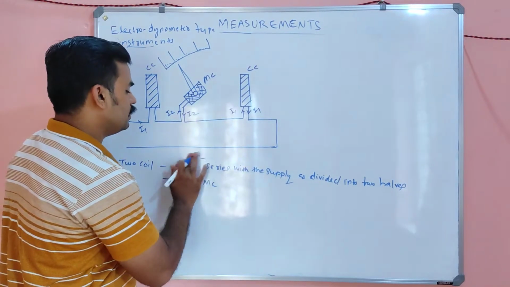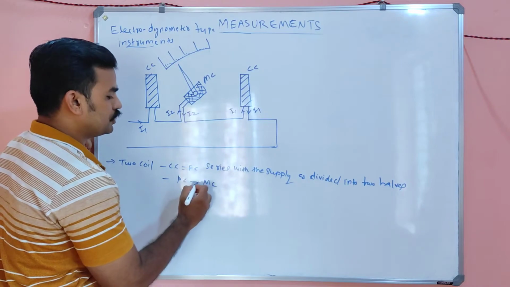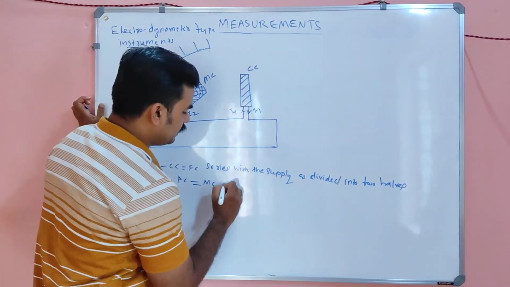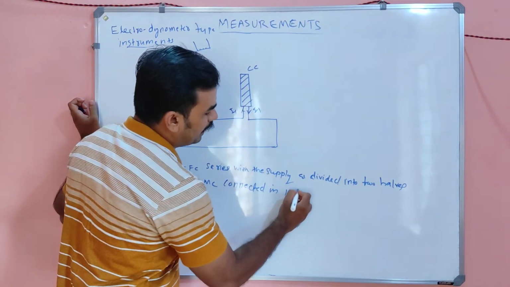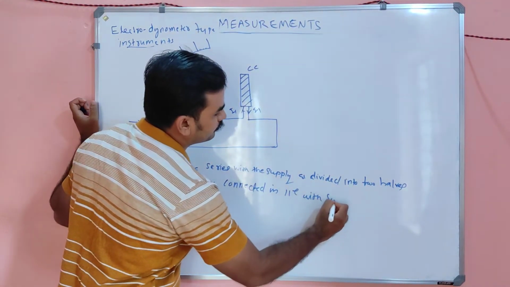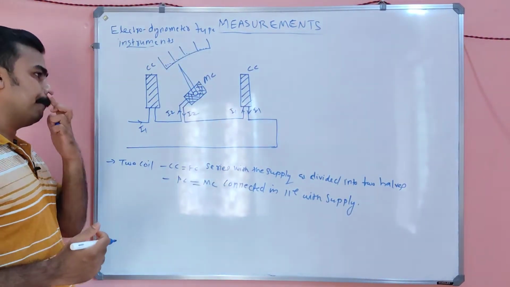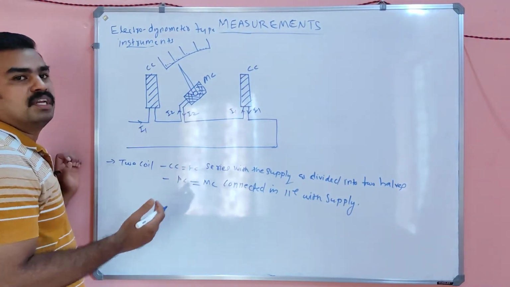Okay, current coil equals fixed coil, pressure coil equals moving coil, where MC is moving coil, and it is connected in parallel with the supply. And of course the current coil current I1 depends upon the load.